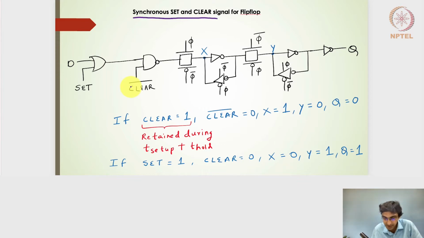So during the clock level being high, we have to maintain the set and clear signal at least before the T setup, and it should be retained after the clock edge till the T hold time. So the clear signal or the set signal should be retained for this entire duration of the setup and the hold time with respect to the negative edge of the clock, because this is a negative edge triggered flip-flop. That is when I will get the proper output.